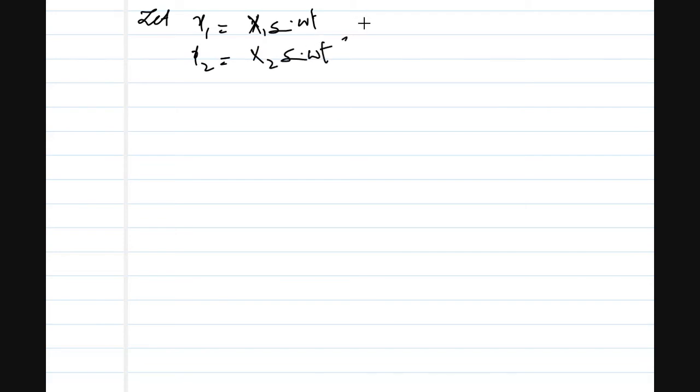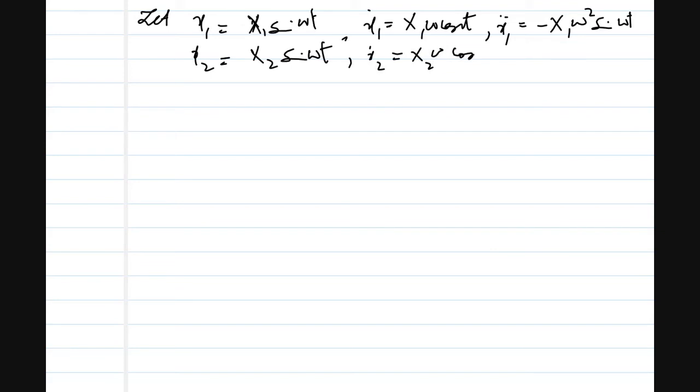Taking the derivative, x1 dot is X1 omega cos omega t, and x1 double dot is minus X1 omega square sine omega t. Similarly, x2 dot is X2 omega cos omega t, and x2 double dot is minus X2 omega square sine omega t.